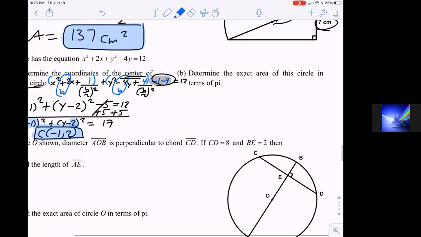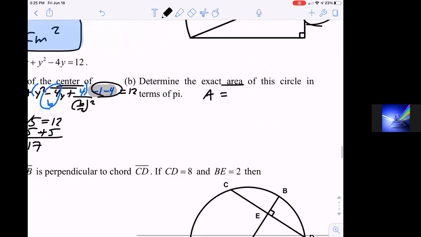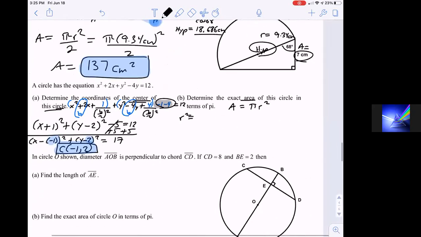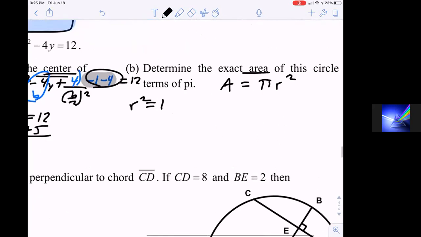Okay, now determine the exact area of this circle. Well, here's what we need. In order to find the area, it is equal to pi times the radius squared. So we need the radius. So if the radius squared is 17, because remember, we have this term here, r squared, the radius squared. So the radius squared is 17. If I square root both sides, r is the square root of 17.